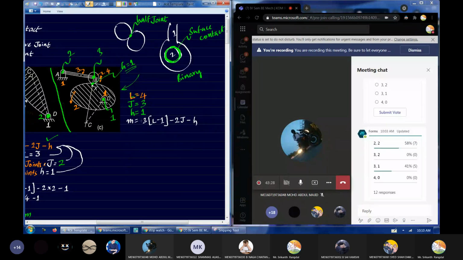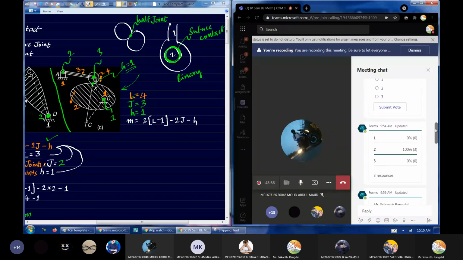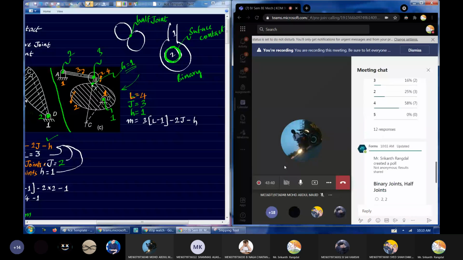The formula I've written already, number of links and everything I've provided. I don't think there is a need to go through it. Three people have answered this as well, right? It's just simple math. So what is the mobility? 4 minus 1 minus 2 times 3 minus 1. 3 threes are 9, minus 6, minus 1.